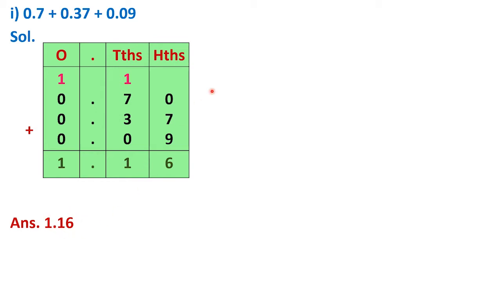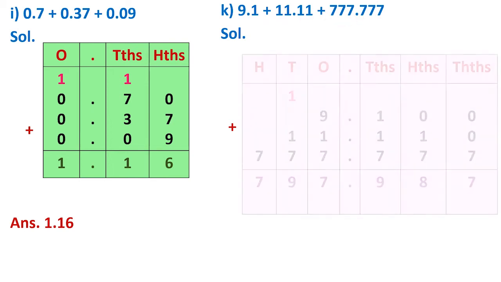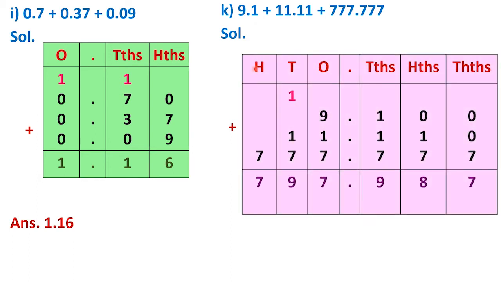Next one is 9.1 plus 11.11 plus 777.777. Let's see how to add this. The maximum number of places to the left of the decimal is 3, so we have taken ones, tens and hundreds places. On this side also 3 decimal places are there, so we have taken tenths, hundredths and thousandths.